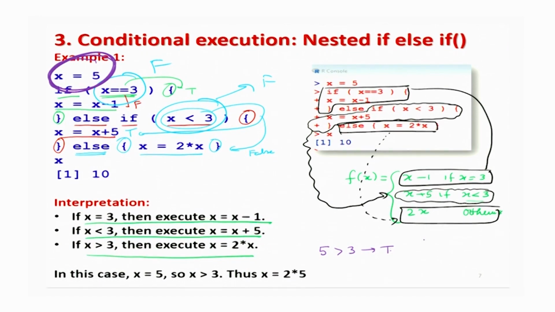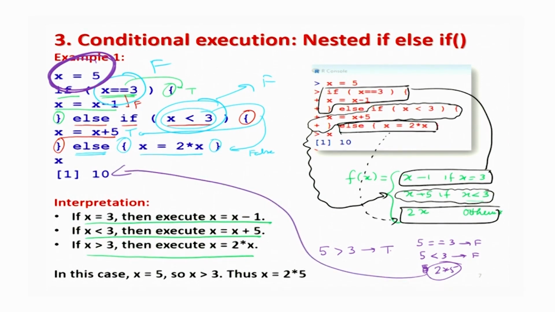The control will come first to 5 is exactly equal to 3, which comes out false. Then it comes to 5 is less than 3, which also comes out false. Then finally it comes to the third condition, the else, and you print 2 into 5, and this answer comes out to be 10, right. So this is how this conditional execution works.